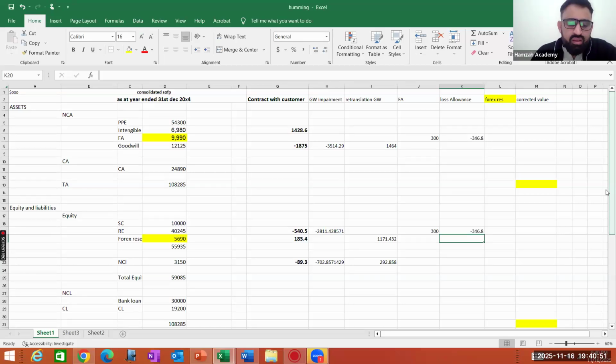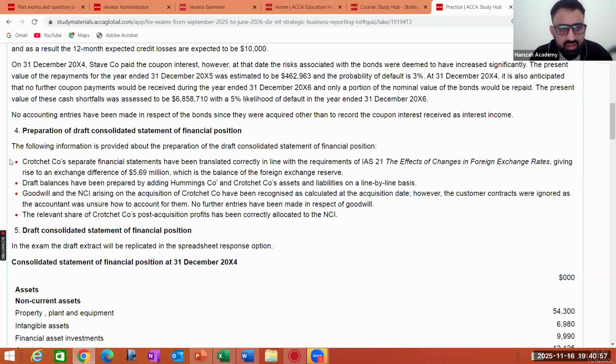parent company. And another adjustment, which is the last adjustment, needs to be performed. They have translated the C company correctly, but on translation there is an exchange gain of 5.69 million, which means 5690.